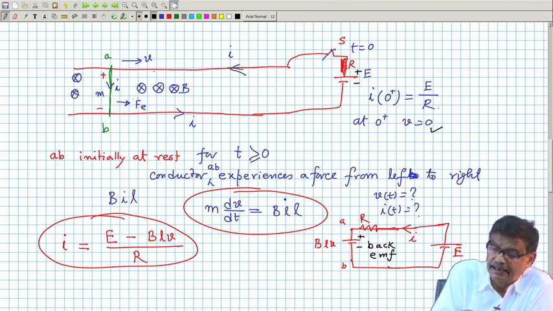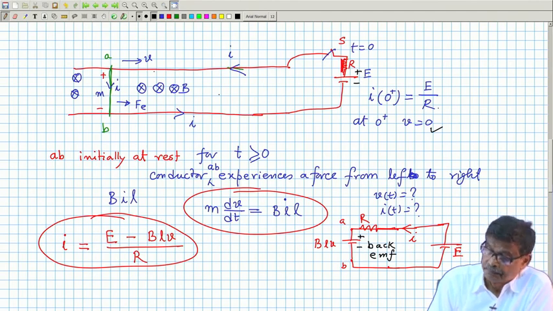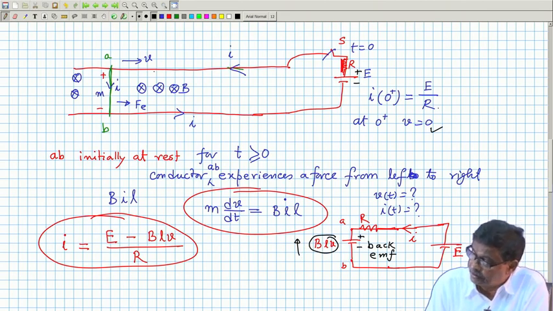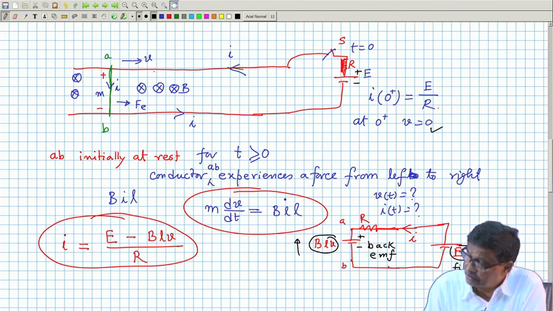Now, as it accelerates, the back EMF, this BLv, is going to rise. Physically I am trying to examine what will be the final fate of this. Will it go on accelerating forever? The answer is no, because this voltage will go on increasing, and this supply voltage is fixed.